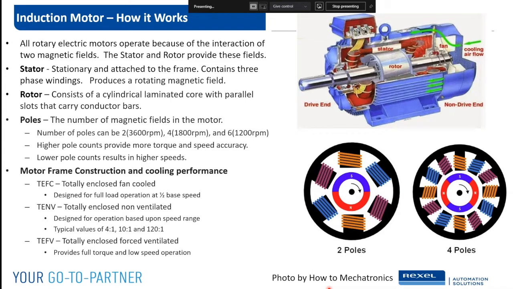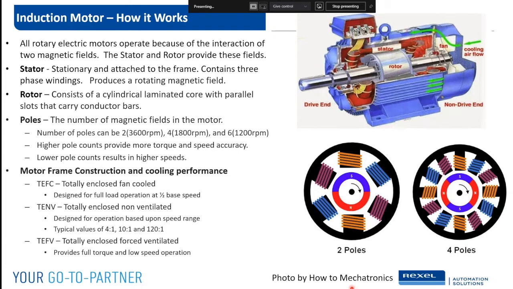So if you look at my slide, I have a 6-pole motor called out here. In the picture, I have 2 and 4 poles. Why is that? The most commonly sold motor for induction is a 4-pole motor. It's a combination of speed and torque. If you look at my first 2-pole cross-sectional area of the motor there, that motor is going to run the fastest.